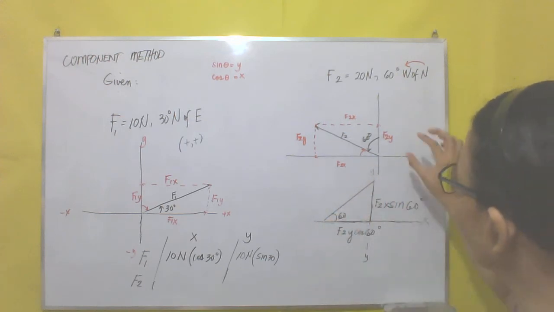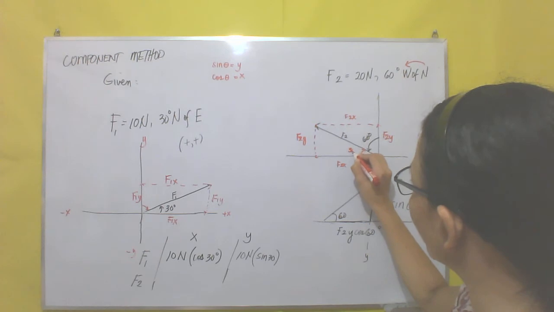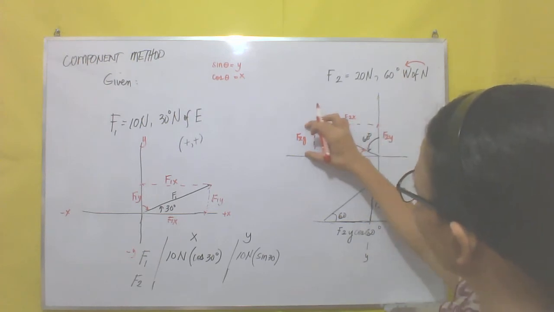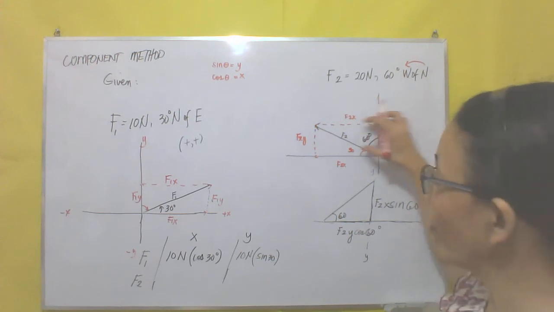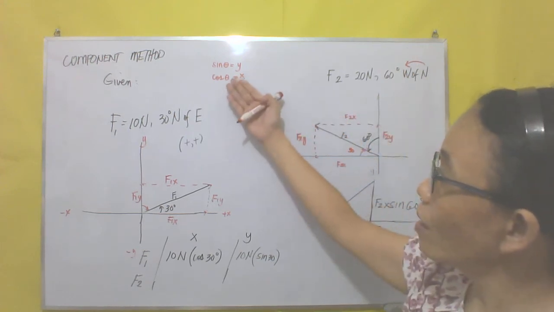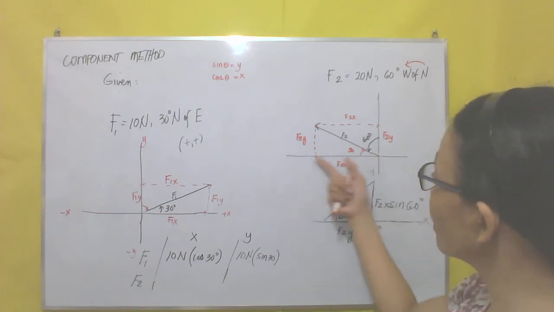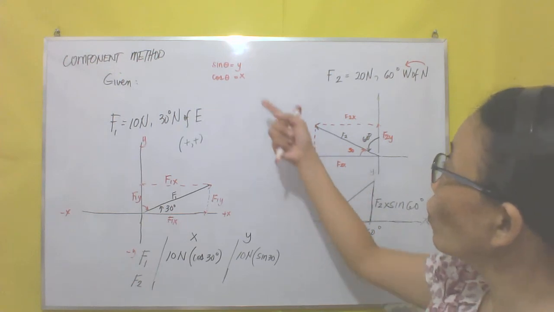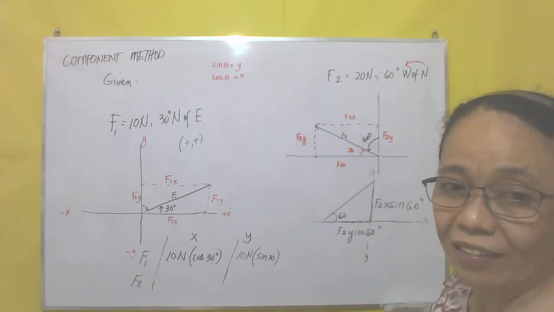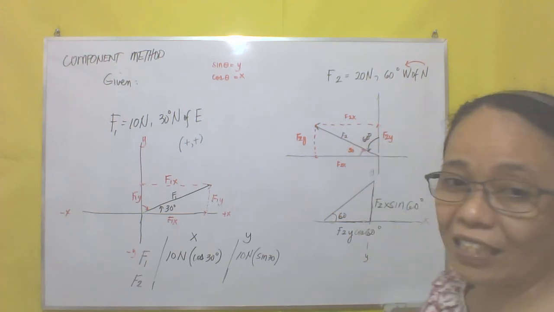But if we're going to use 30 degrees, then this F2y is parallel to the y-axis, so F2y will take sine theta. Then F2x is still located along the x-axis, so F2x will take cosine, that is if we're going to use this 30 degrees.